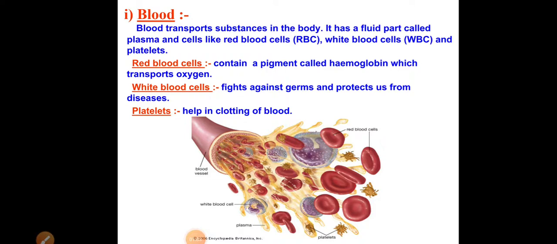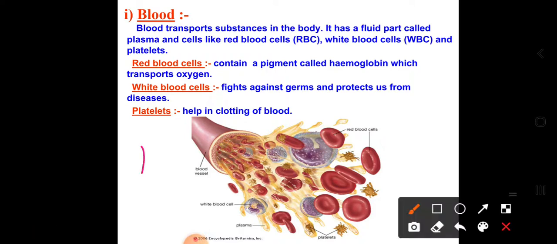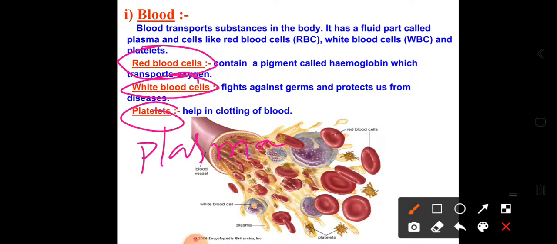The fluid part of the blood, we came to know as plasma, which contains all the blood proteins in it. When it comes to the cellular part of the blood, there are three different types of cells present in the blood. The first one is RBC, second one is WBC, and then platelets.